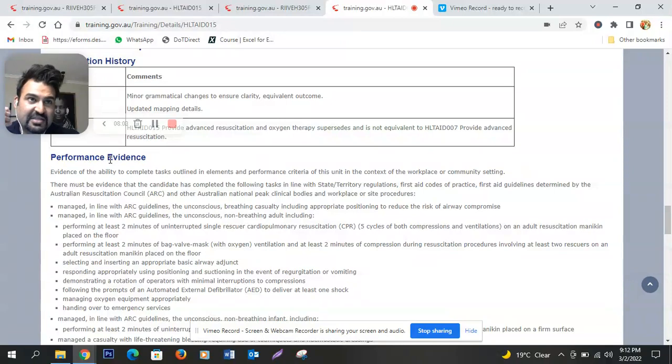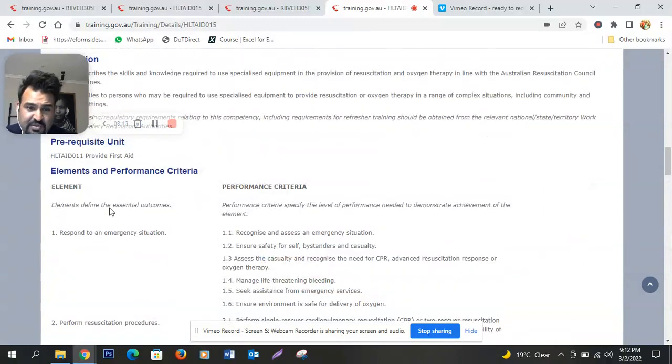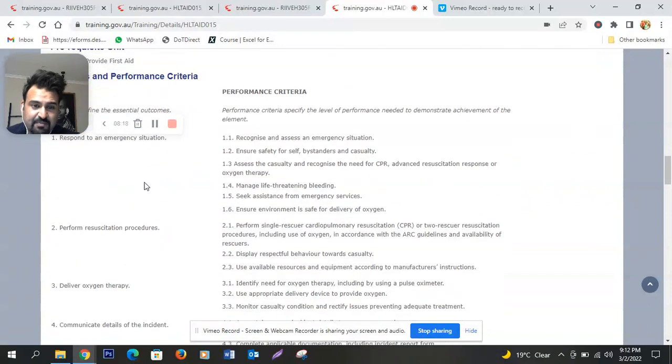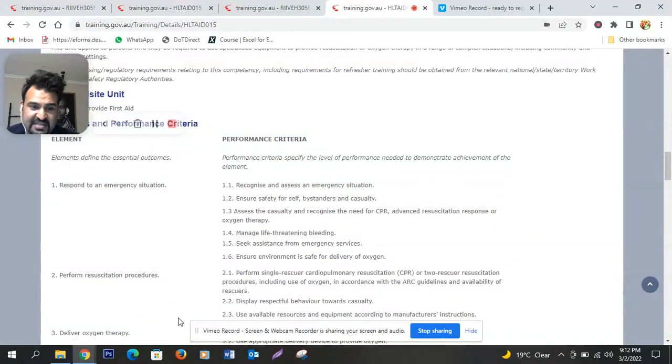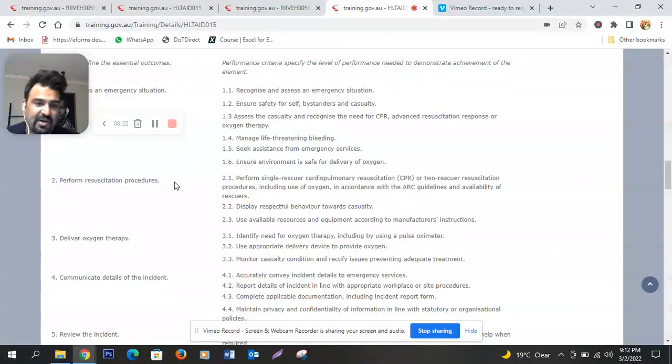So all your practicals, your tasks, whatever you call them, you have to go through performance evidence. Now, the interesting thing about performance evidence is, when we were talking about the performance criteria, I said that it's always in a sequence. It is telling you how you want to structure your entire assessment and what the flow should be.